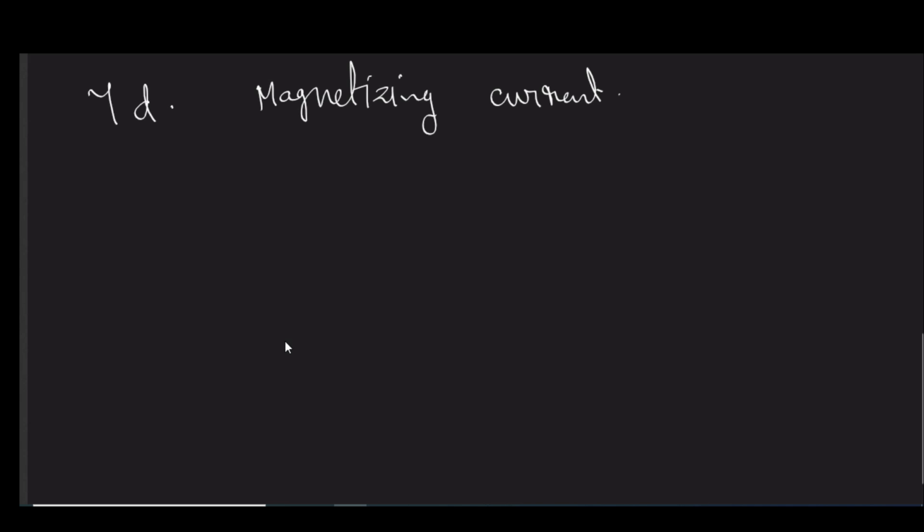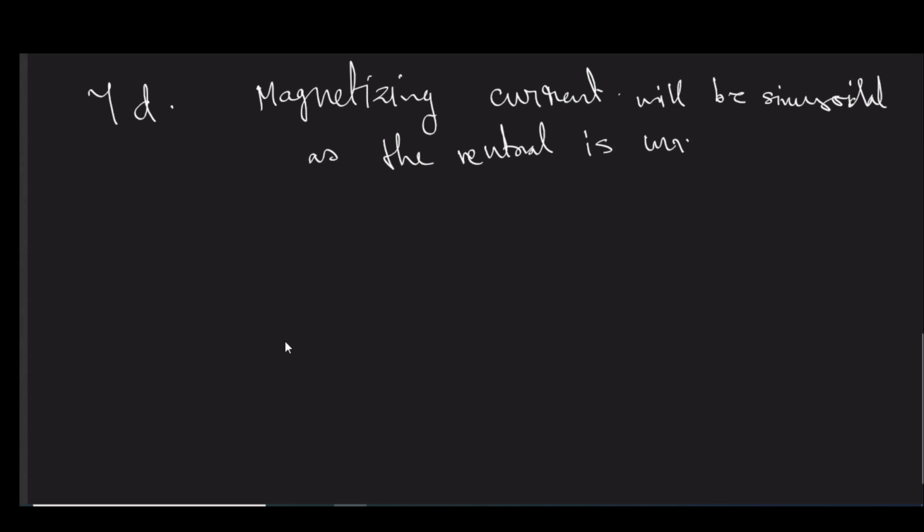Apparently it may appear in your mind that the primary side magnetizing current will be sinusoidal, as the neutral is ungrounded. But then what you must notice is that your secondary is delta. So secondary delta will provide a closed path for third harmonic current.